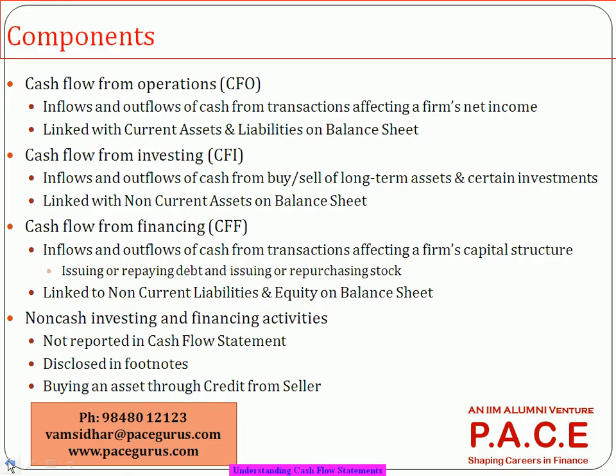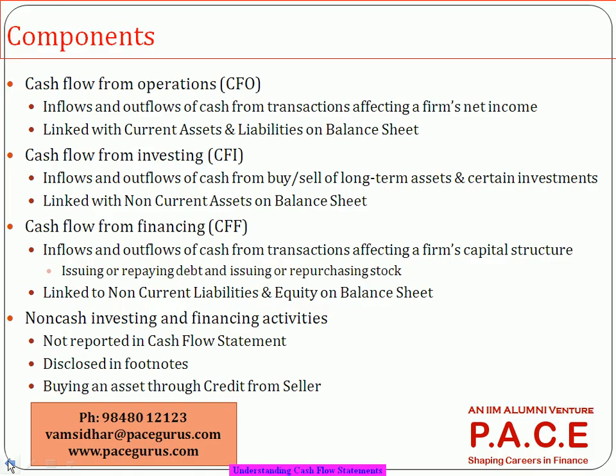And anything to do with your non-current liabilities, which is loans, anything associated with loans or new issuance of equity or buying back shares, is treated as part of cash flow from financing activities.